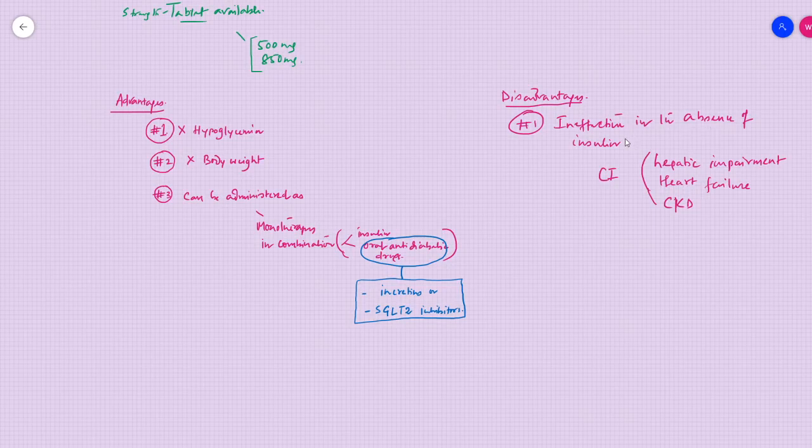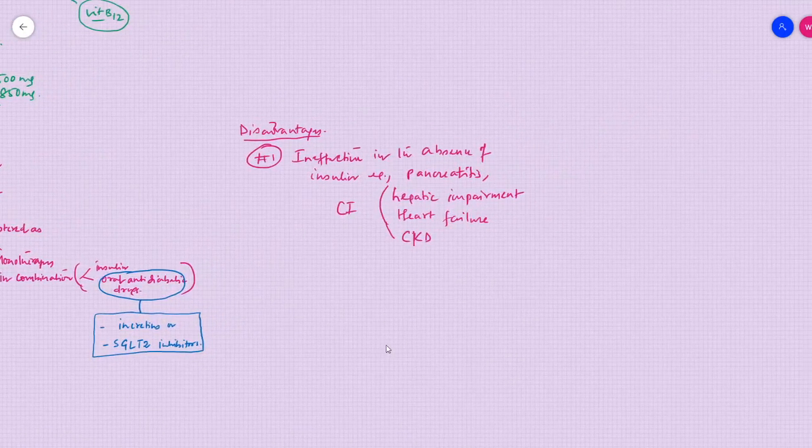Okay, ineffective in the absence of insulin, for example, pancreatitis, or pancreatectomy. If the patient doesn't have a pancreas, obviously he or she doesn't produce insulin. Pancreatectomy is the removal of the pancreas.